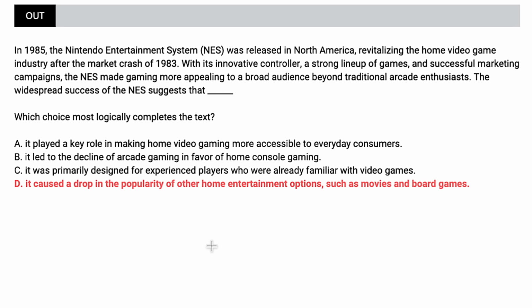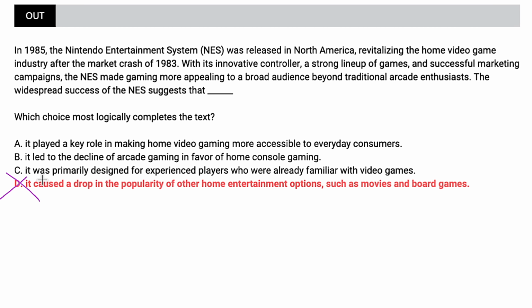If there is a boom in some sort of entertainment, you would think that there might be a drop off in other types because it's replacing it. This is something we can infer. But again, we need explicit support from the text. So this is going to be a distractor that is out of scope. That is to say, it is not supported by the text itself. It is not mentioned in the text itself.